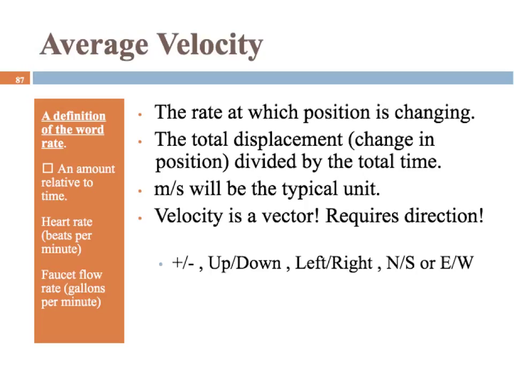Average velocity is the rate at which position's changing, so it's the total displacement divided by the total time. So we're going to say average velocity, so if I put this bar over that, that means average, equals the change in the position divided by time. So this means change in the position, so displacement divided by time.